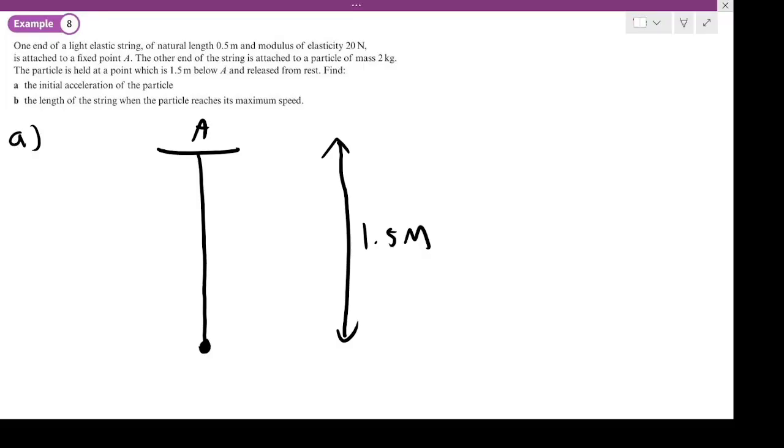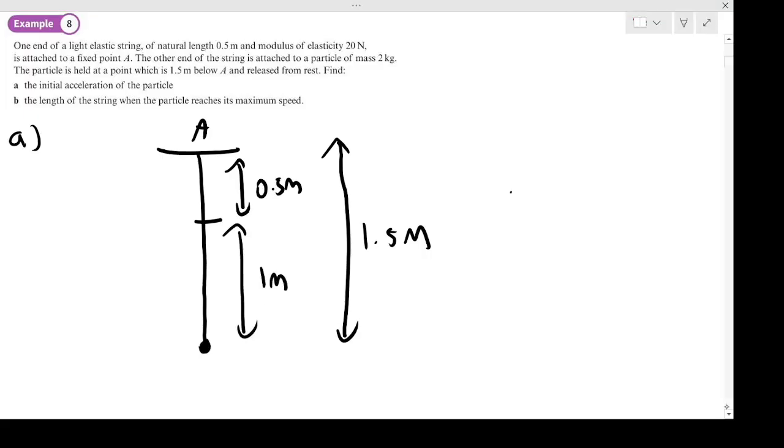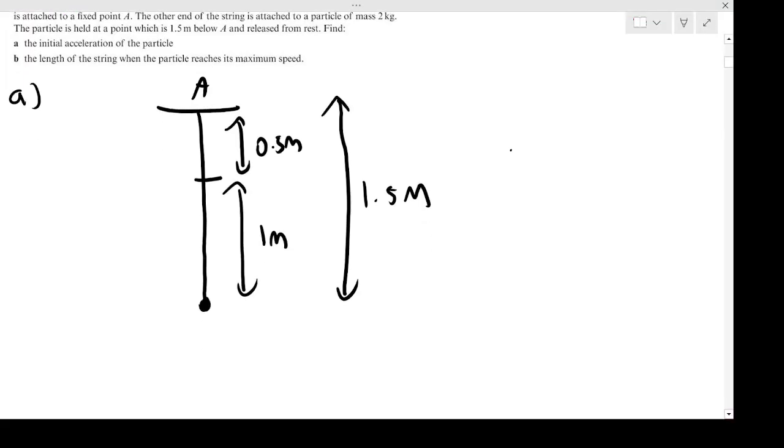Now, my natural length is 0.5, which means it has to be a stretch. The string must be being stretched here because the length of the string is increased from 0.5 to 1.5, and so that tells me my extension is 1. It's stretching down because of the particle at the end of it.